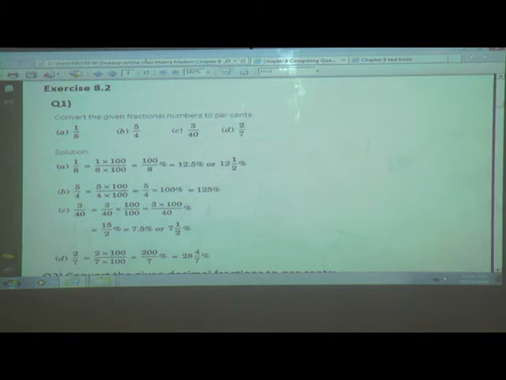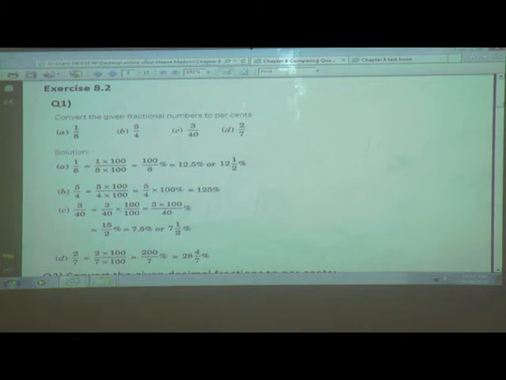Here 4 ones are 4, 25s are 100, 25 fives are 125%. So when you want to convert the fraction 5 upon 4 into percent, multiply it by 100% and we get the percentage, 125%.